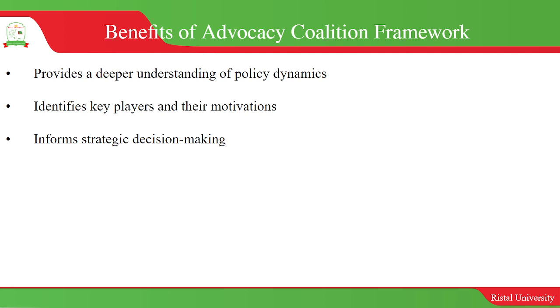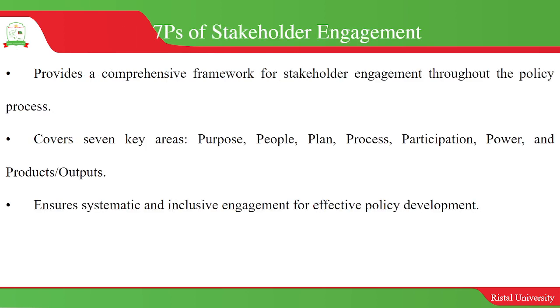So this framework gives you a deeper look at the analysis of who are these people in this coalition, what their interests are, what are their resources, who are the key personnel. Then it allows you to strategize properly. Then we look at the 7 P's of stakeholder engagement.